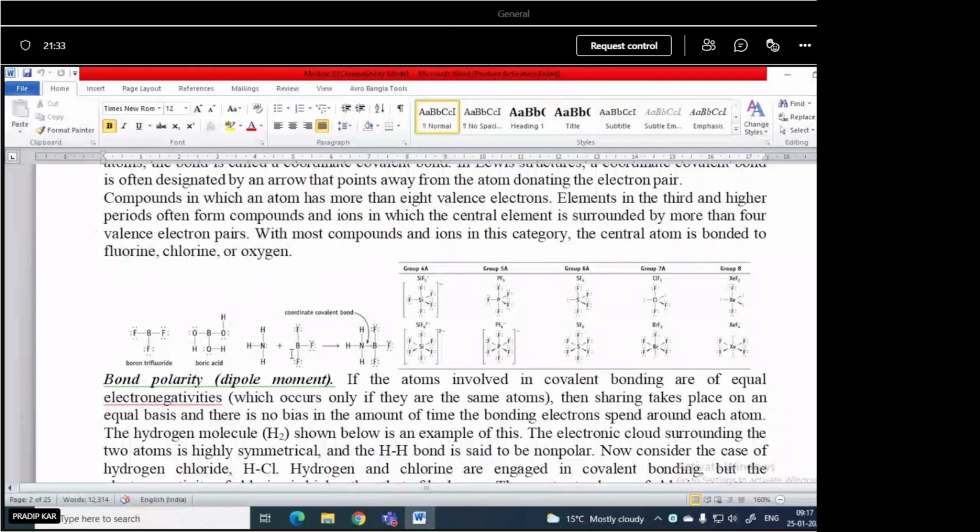So it is acting as a Lewis acid, and NH3, having a lone pair, is acting as a Lewis base to give the salt. Similarly, you can see exceptions in those compounds where more than an octet, meaning more than 8 electrons, is present, or less than 8 electrons is present in the case of boron.